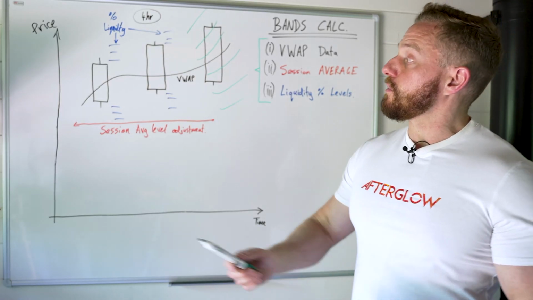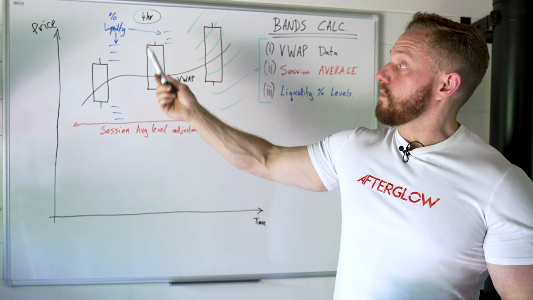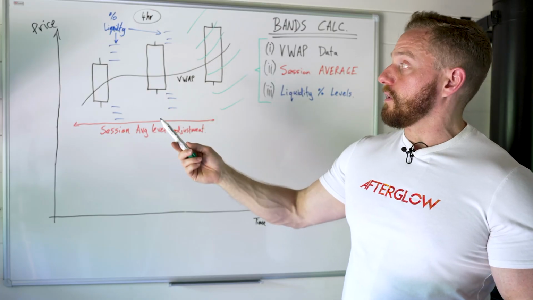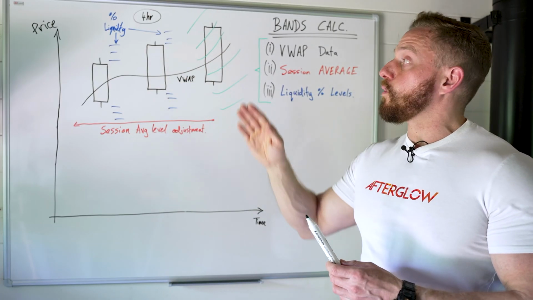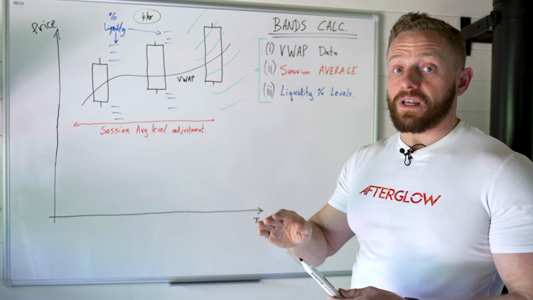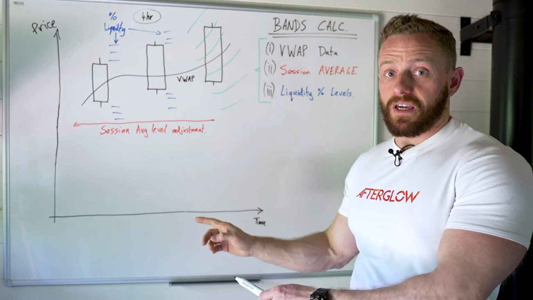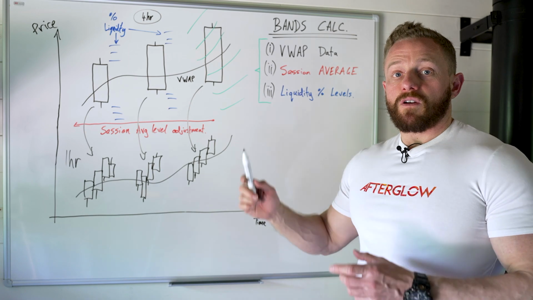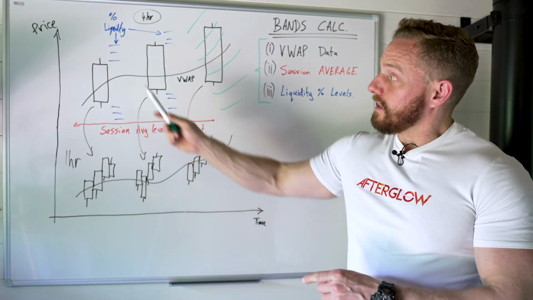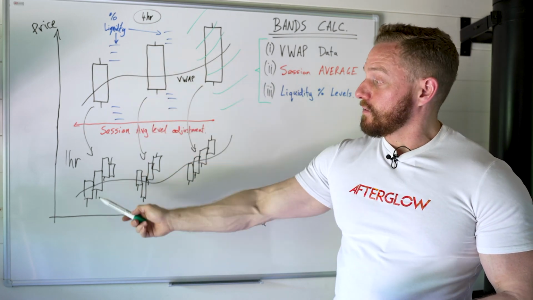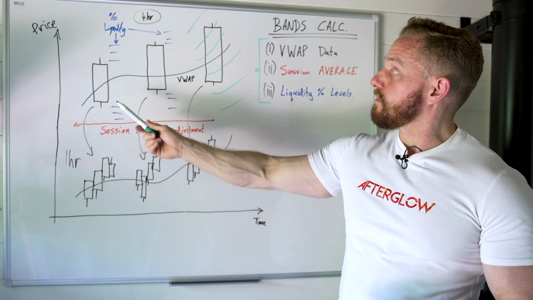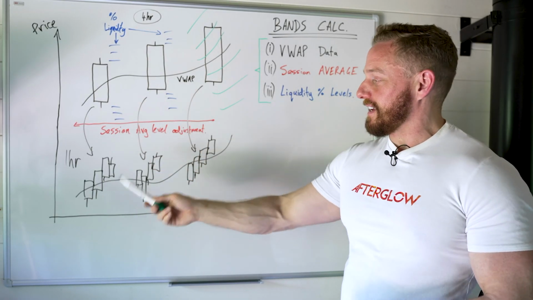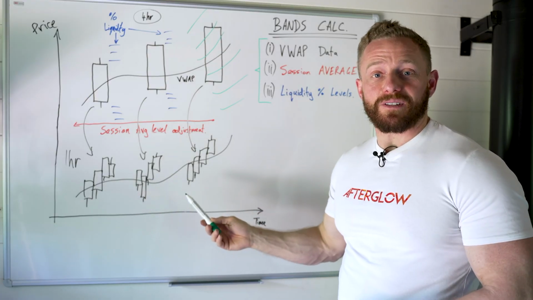So for example, here we're on this example, the 4-hour chart, and it would plot the bands on. But if you went down to, let's say, the 1-hour chart, and I'll just draw on the candles. So with the 1-hour chart, each 4-hour candle now becomes 4 individual 1-hour candles. So from 3 4-hour candles, you'd have 12 1-hour candles.